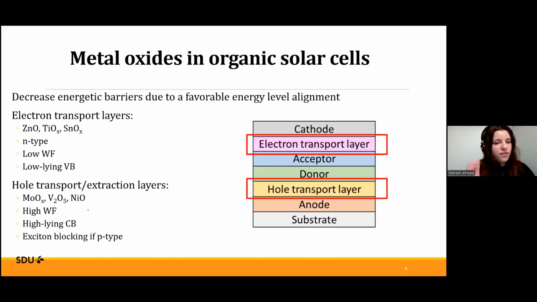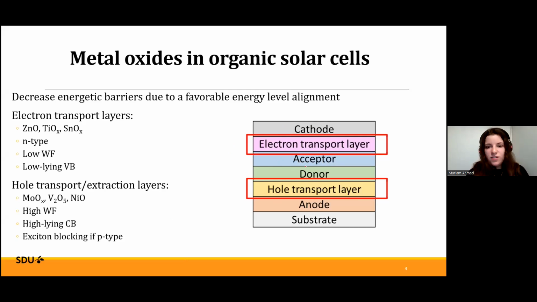So another thing that is important for this talk is the metal oxides in organic solar cells. Typically in organic solar cells, the active layer, which can consist of a donor and an acceptor, is sandwiched between two charge transport layers, a hole transport layer at the anode side, and an electron transport layer at the cathode side. And often these are made of metal oxides. They can also be made of organic materials, but they're often made of metal oxides because they're non-toxic, cheap, easy to process, and you can manipulate their optical and electronic properties.